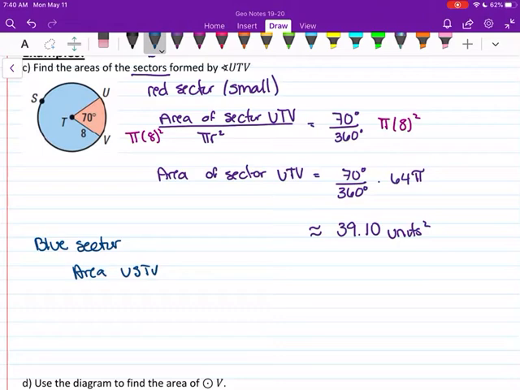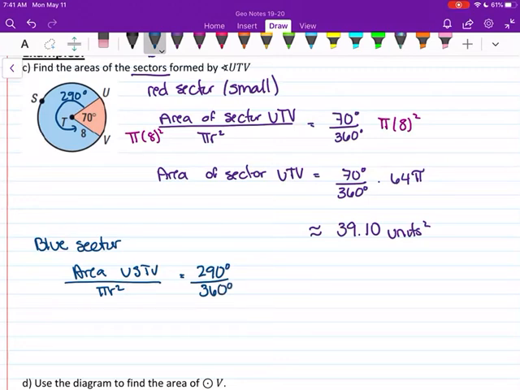The area of that divided by pi r squared is going to equal, so this isn't 70 degrees now. We want this whole angle over here, which is going to be 360 minus 70. So that is 290 degrees. So I have 290 degrees divided by 360 degrees.